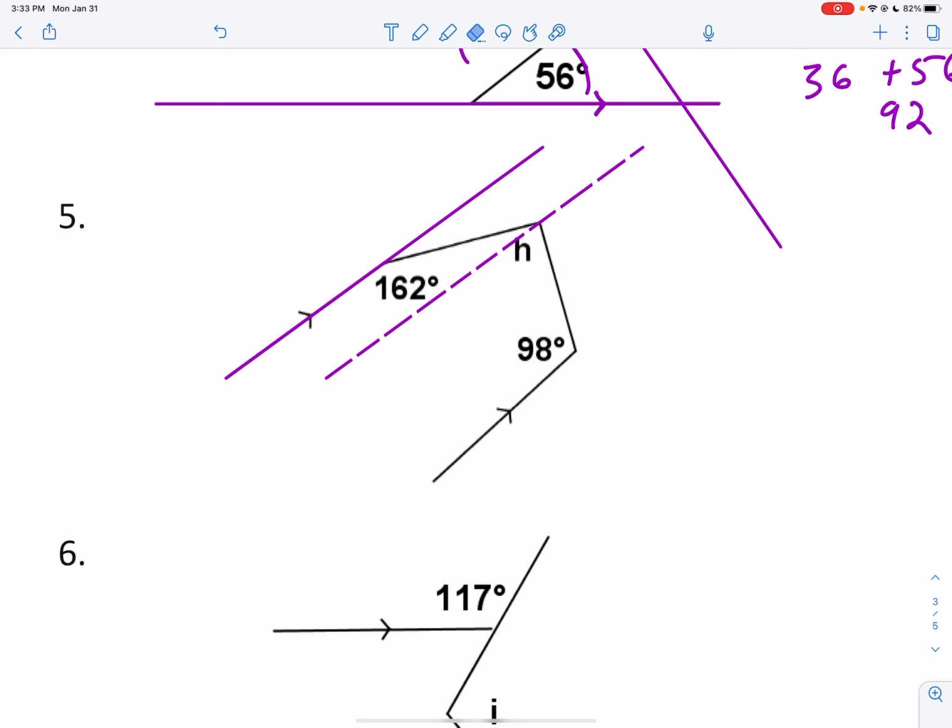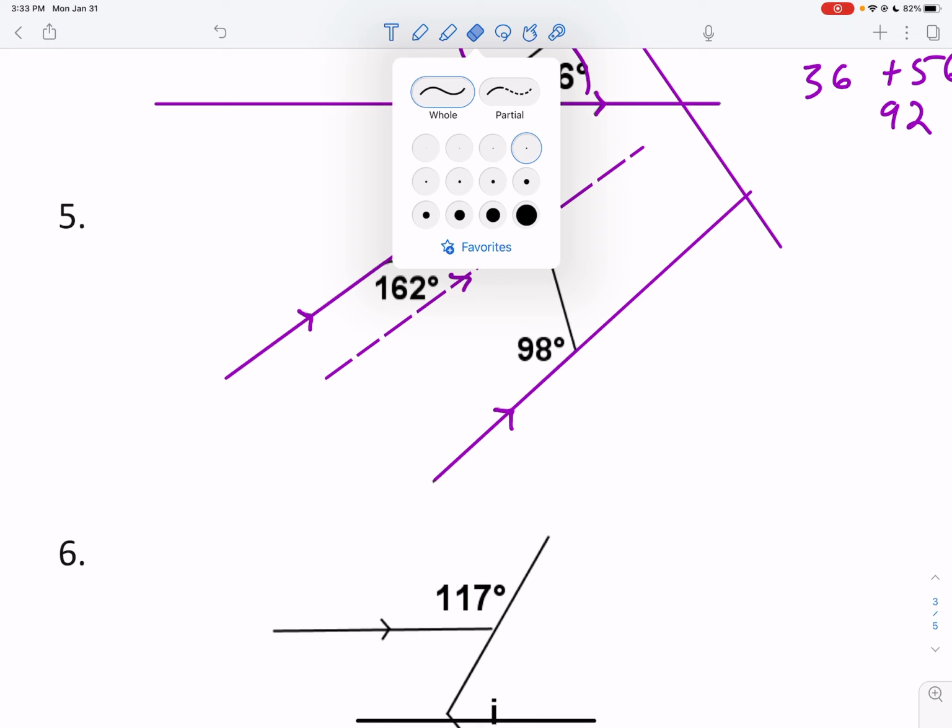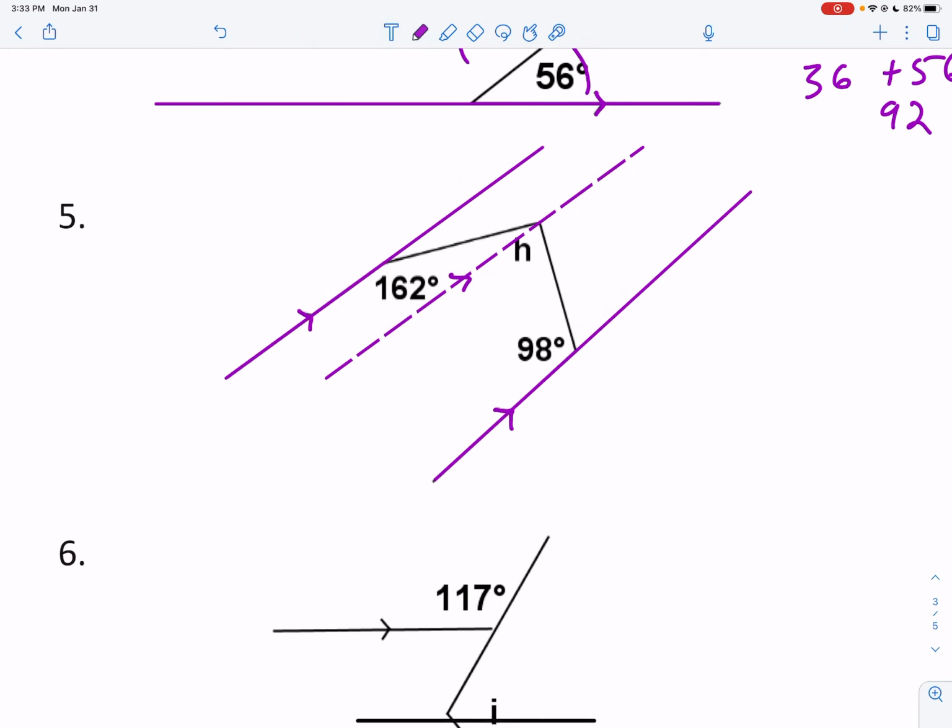You guys can use your eraser if you do that. And then it's parallel to both of those, so let's keep that. And again, I really like extending all of them just to make it look nice. And this part right here doesn't really exist anymore because that's part of a separate problem. So let's ignore that, okay?